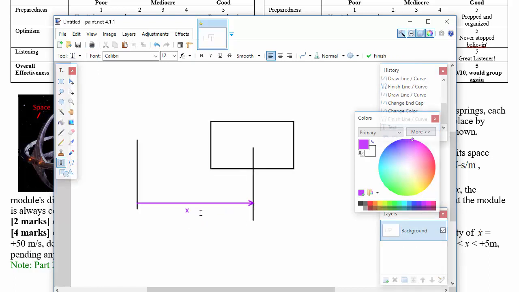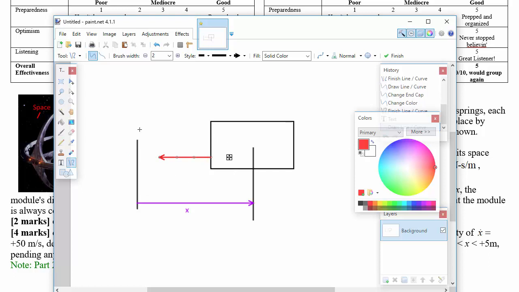Then what else can we do? We're going to go and draw the forces on this thing. So now, what will we need? Well, we have a force from each of the springs on this thing. So what's a good force color? How about red? So we've got a force going to the left from that first spring.